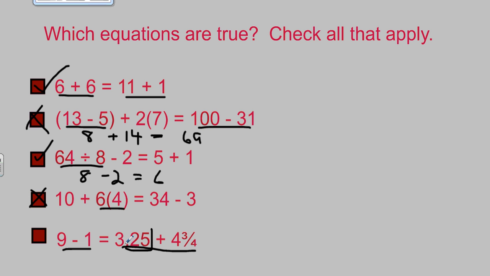What fraction is the same as 25 hundredths? That's right, 1/4. So 3 and 1/4 plus 4 and 3/4. Well, 1/4 and 3/4 makes 4/4. So that would make a whole. And when you add that whole plus 3 and plus 4 more, we get 8. So that one would also be true. Excellent. Let's move on to the next one.